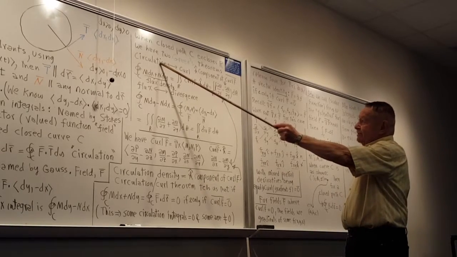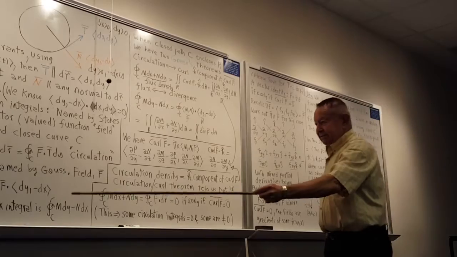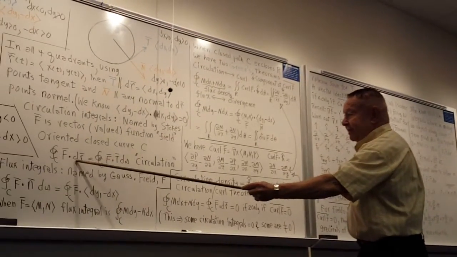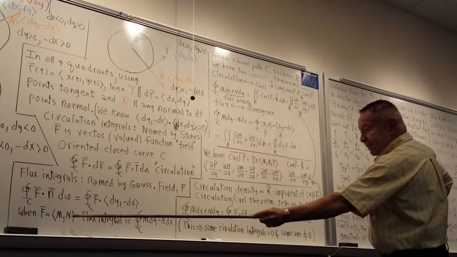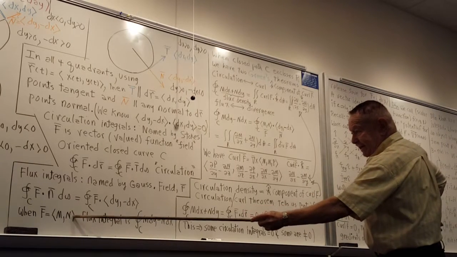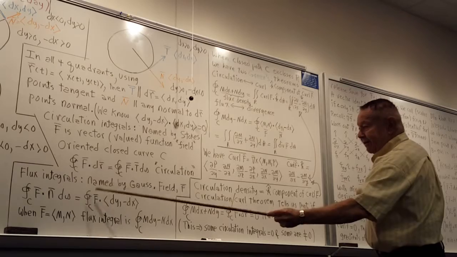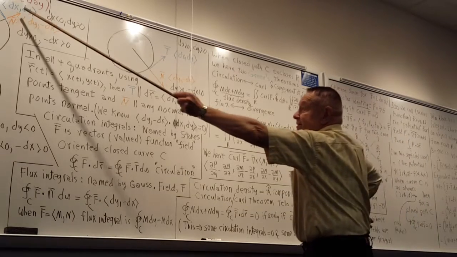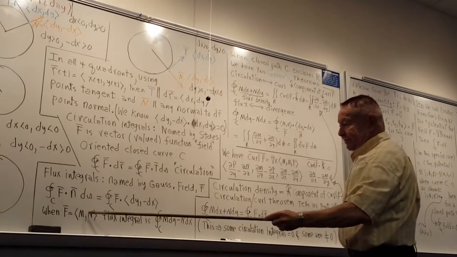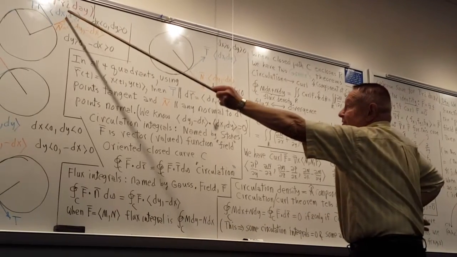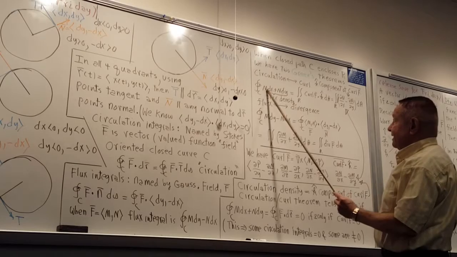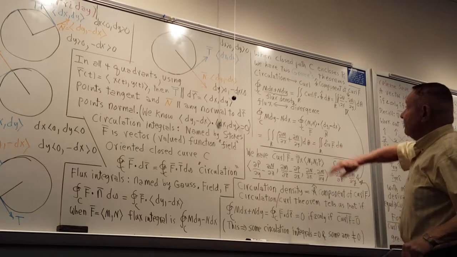So the circulation curl is the F dot dr, but you see if your field is m, n, and your dr is dx, dy. If you do that dot product, you get m dx plus n dy.